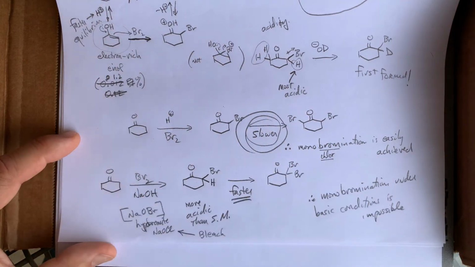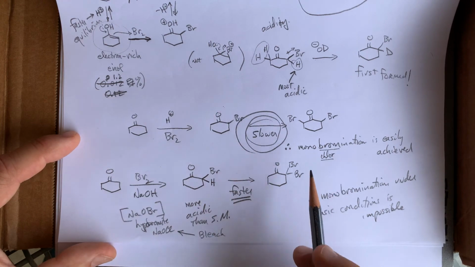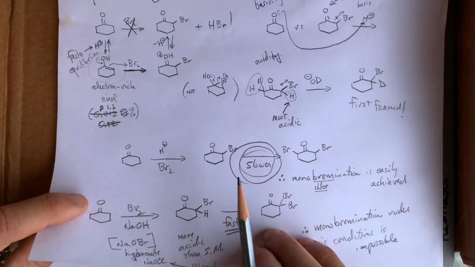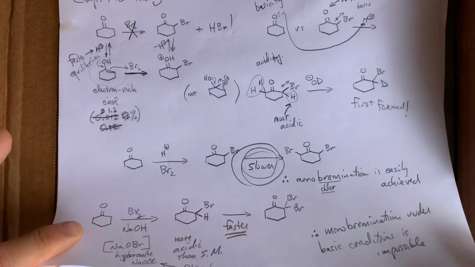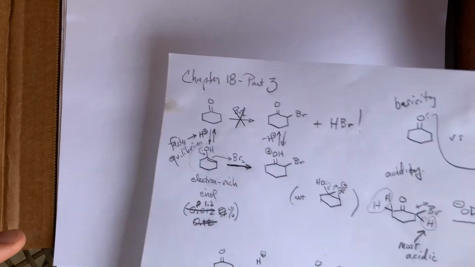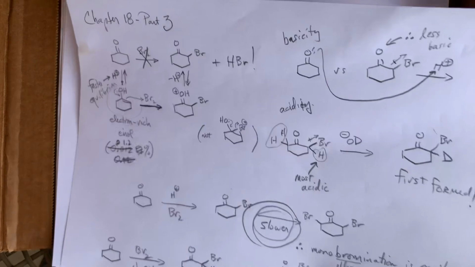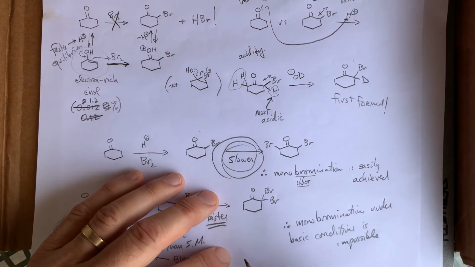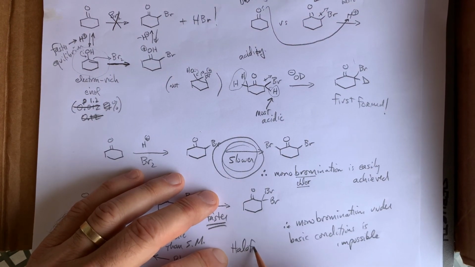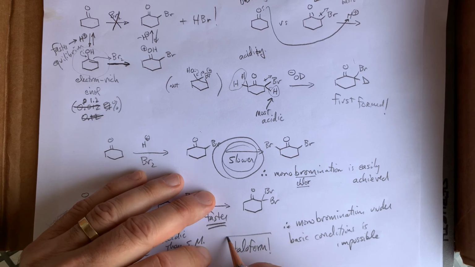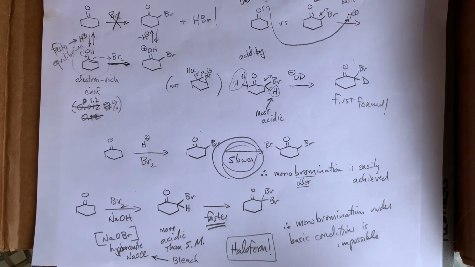So the difference between acidic and basic bromination, and then it gets more interesting, and we will talk about the haloform reaction, which I wish I could do for you, but I don't have iodine and acetone and test tubes and stuff like that at home.